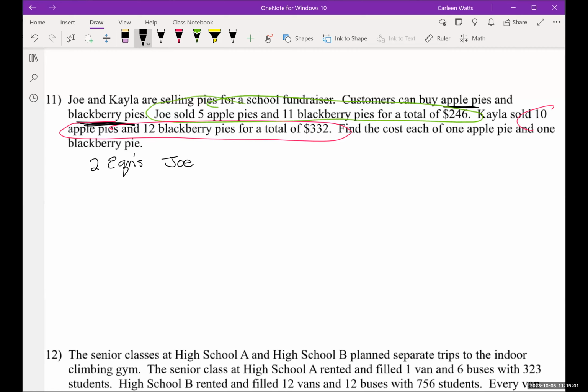Okay. 5 apple, I use capital A, plus 11 blackberry is 246.